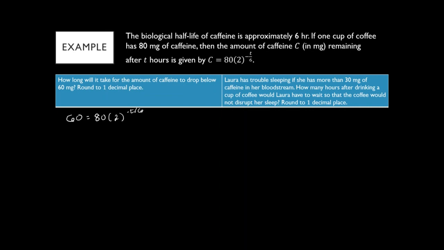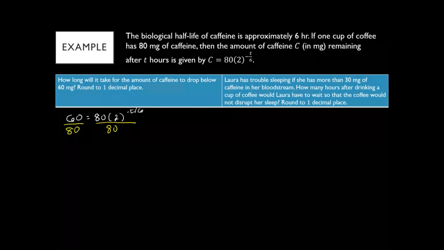So we've got 60 equals 80 times 2 to the negative T divided by 6. First thing we're going to do is divide by 80. Do not multiply 80 times 2, because that 2 has an exponent on it, so they can't get multiplied. So you have to divide by 80 first.